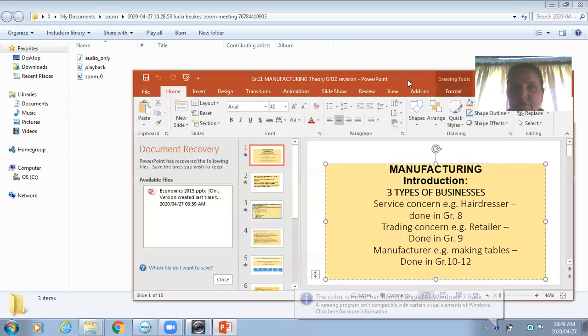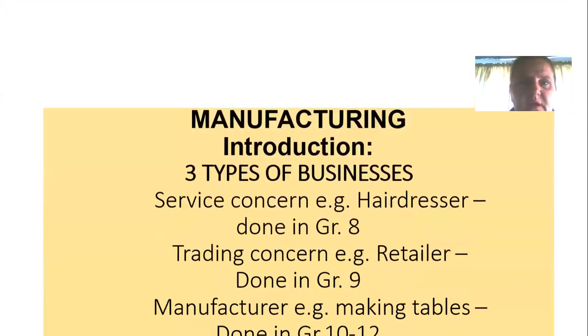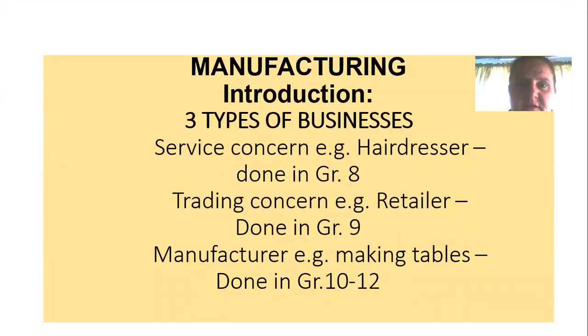We're going to do the theory of the grade 10 manufacturing revision, so that you can have a nice understanding of it when you start with the work. Manufacturing: when we're doing businesses at school, we look at 3 types of businesses.